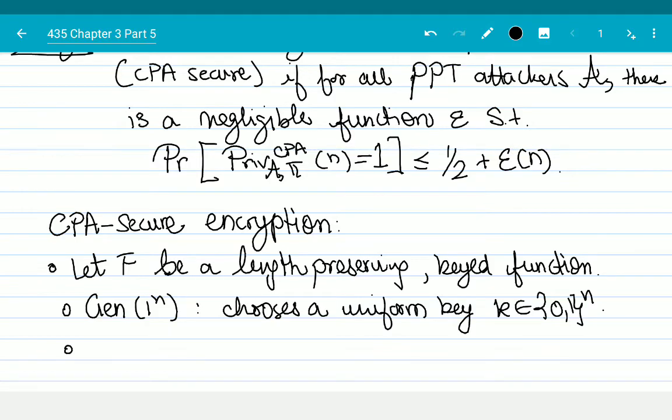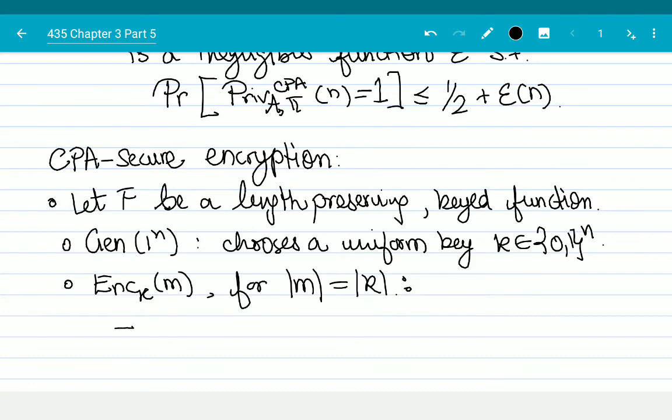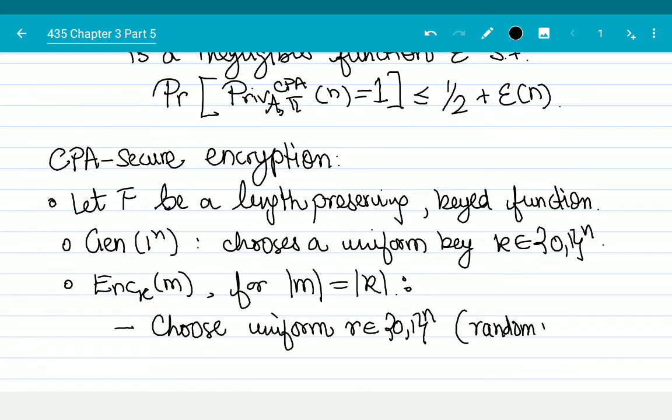Now, how does encryption work? Encryption with key k of message m, with length same as k, does the following. Choose a uniform r belonging to {0,1}^n. This is called the random vector, or initialization vector.